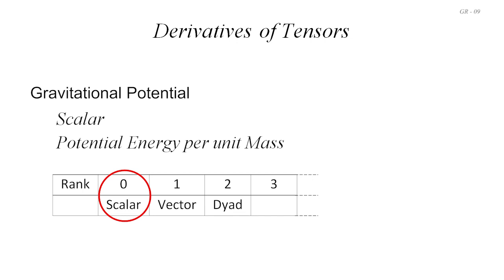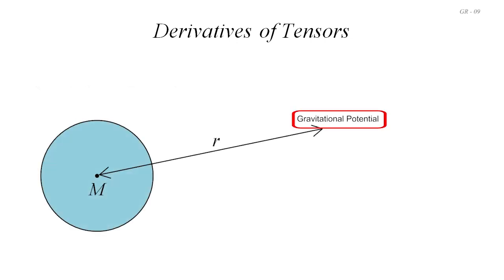That's what scalars are. When we looked at it, we considered it as a function of the distance away from a large mass like the Earth, the distance being r, the radius, and we gave it the letter phi. We'll steer clear of x1, x2 and x3 for the moment and just look at a single distance variable, the radius.